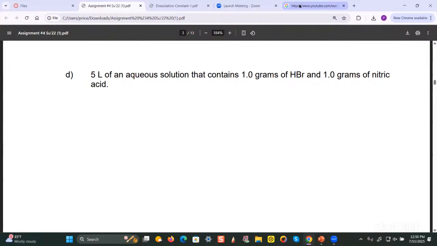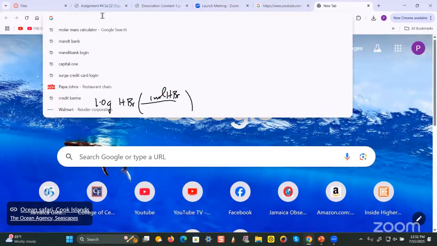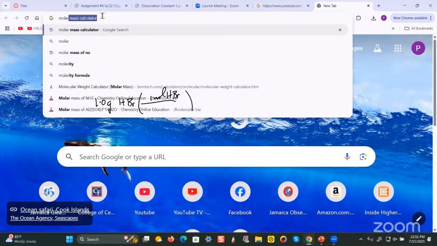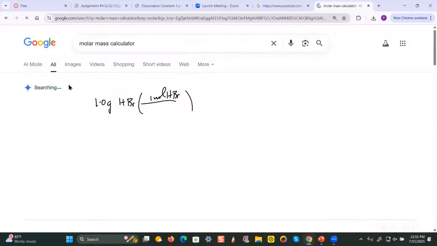In the case of the HBr, it's 1.0 grams of HBr. We have to convert to moles, so 1 mole of HBr will go above. And we need to find the molar mass. And you all know how I roll. I trust the old molar mass calculator.